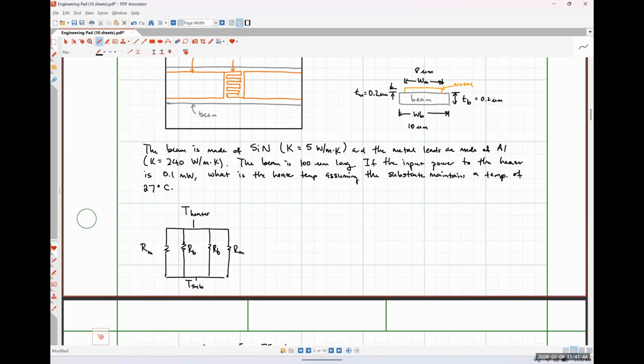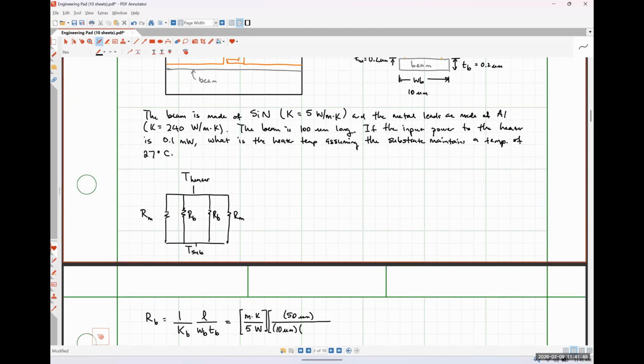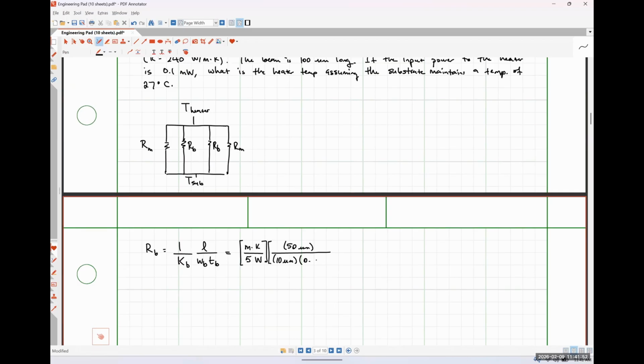My width is 10 microns, and my thickness is 0.2 microns. And so I should wind up getting 5 times 10 to the 6 Kelvin per watt as a thermal resistance here.